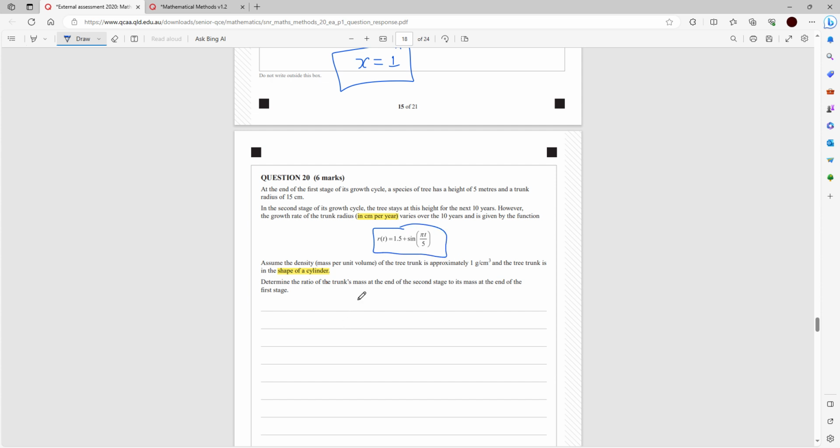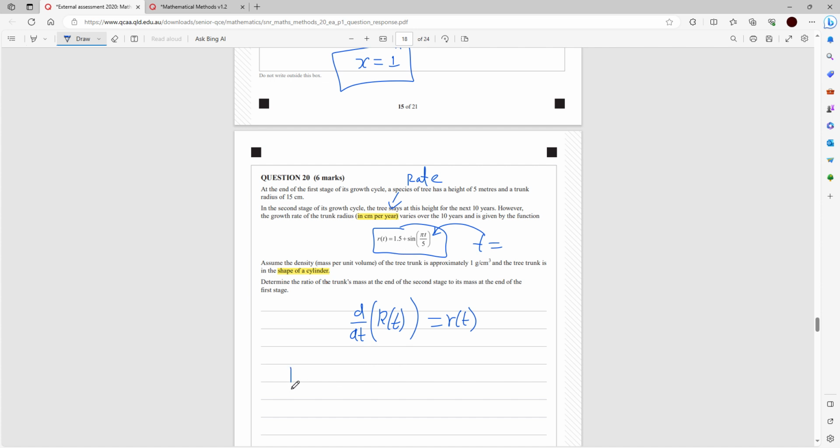So that means the radius at a point in time, the derivative of that with respect to time, is this function here. So this function, if you put in a t, it doesn't give you the radius at that time. It gives you the rate of change of that radius at that time because it's centimeters per year. That is a rate of change. It is not a function of giving you a particular radius.